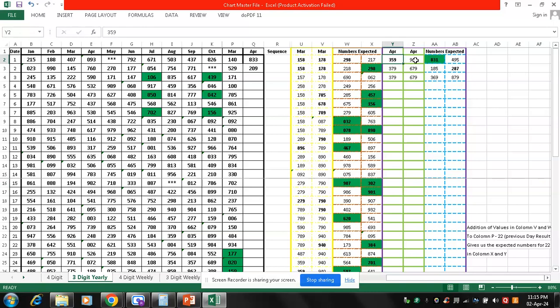This has changed. We have 379 and 679, which has come today. 185 and 287 is what I had predicted for today, however, that has not come. So we've made the change.